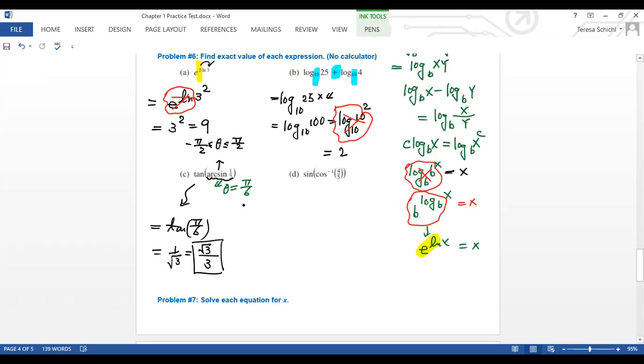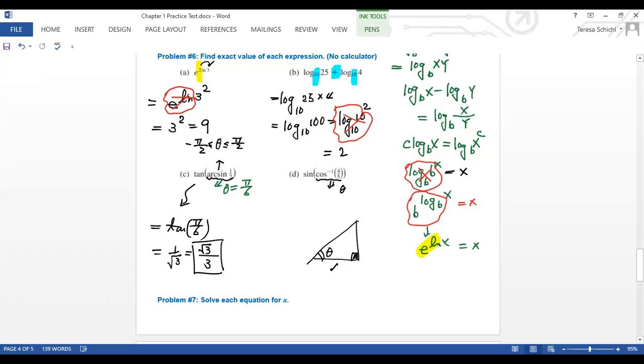Okay, let's take a look at this one: sine of arccosine 4/5. If you see this notation, that means there is an angle theta. So this is my angle theta, and this is 90 degrees, right? Cosine is adjacent over hypotenuse, so it's 4/5.